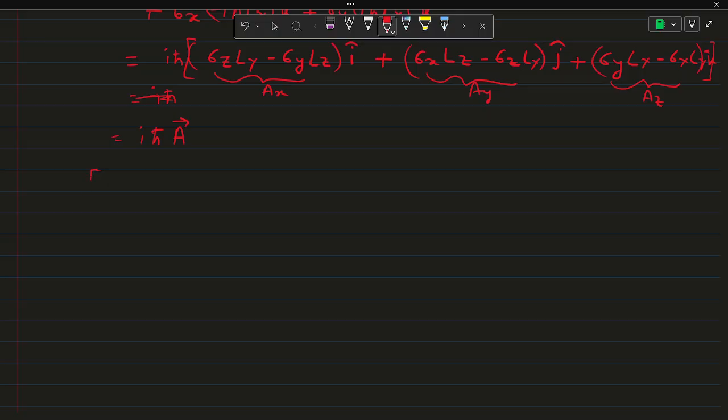So sigma dot L sigma. This will give, again we can break it, sigma x Lx plus sigma y Ly plus sigma z Lz, times sigma x i cap plus sigma y j cap plus sigma z k cap.